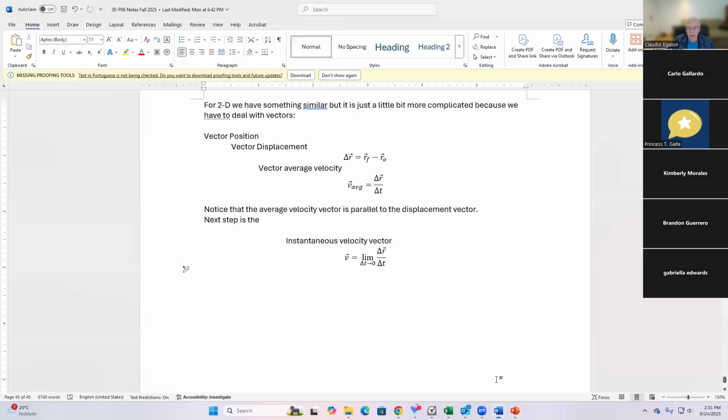Notice that as we make delta t go to 0, delta r also goes to 0.